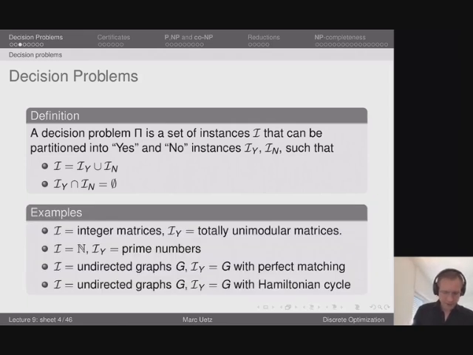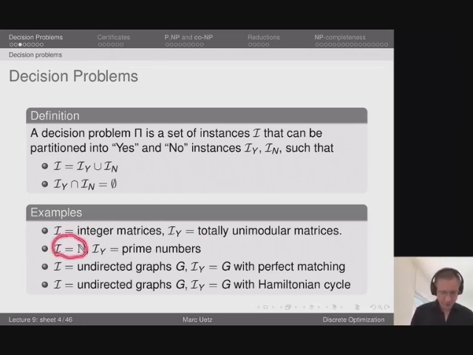If I say my instances are all integer matrices, then I could say all the yes instances are the integer matrices which are totally unimodular, and the no instances are the ones that are not totally unimodular, and this is mutually exclusive, right? Every matrix is either TUM or not.